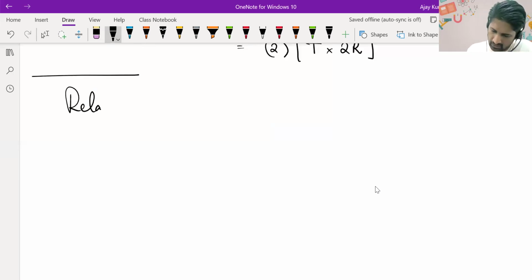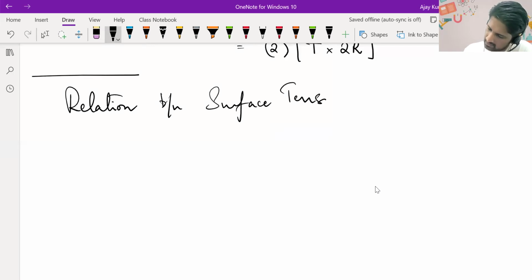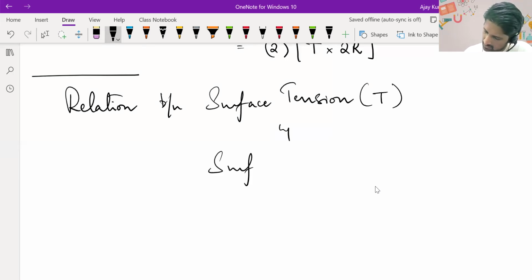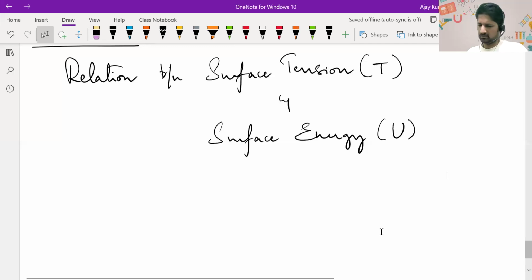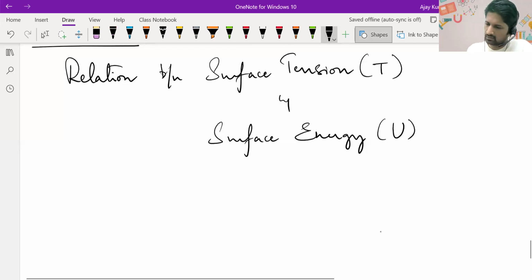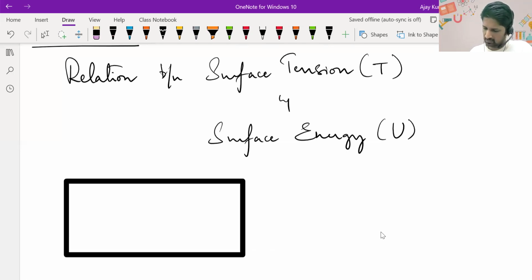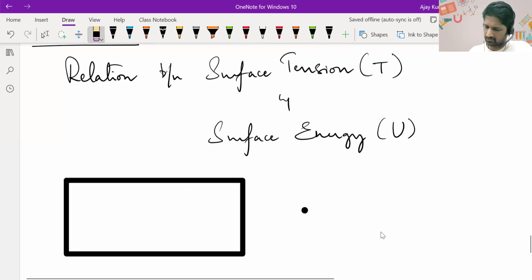So, relation between surface tension and surface energy. Okay. There is a very common idea that we use. Consider a wire frame like this. Okay, a thin metallic frame, but it is rigid.